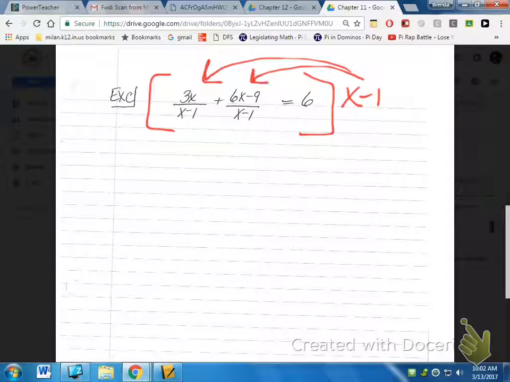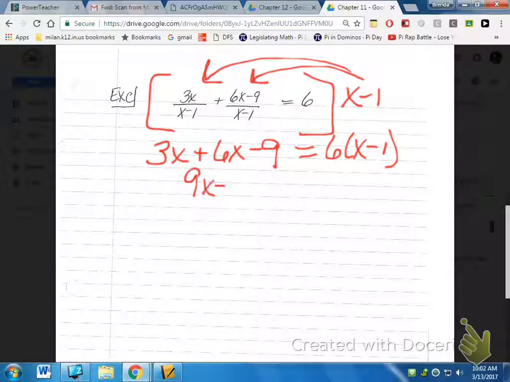Do you see what happens? Denominator just falls out. That's great. So on the left, I'm left with 3 plus 6x minus 9. On the right, I would take 6 times the quantity x minus 1. So on the left, I get 9x minus 9. On the right, 6x minus 6.